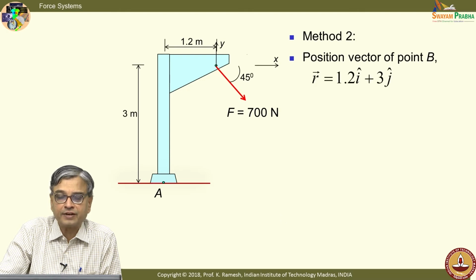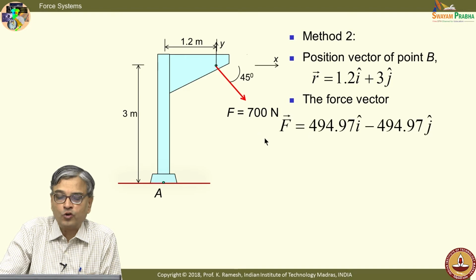I write the position vector r as 1.2i plus 3j, because I know that this is at 1.2 meters and this is at 3 meters from the point of interest. The force vector I can write it like this, because I have taken the origin coinciding with the point of interest.